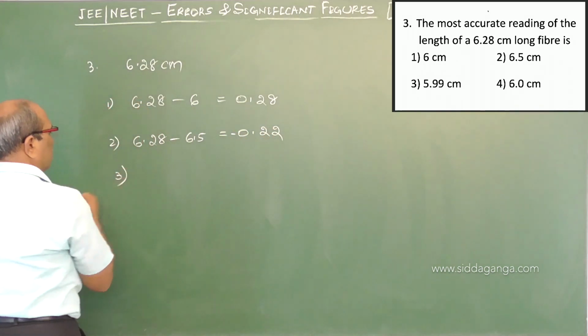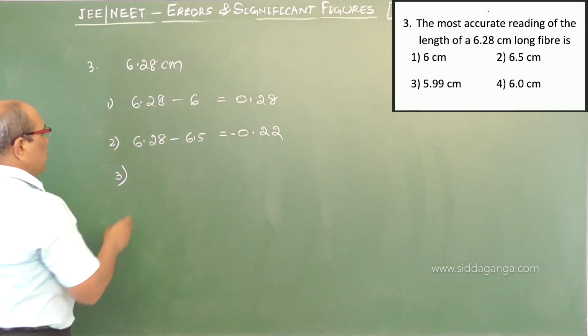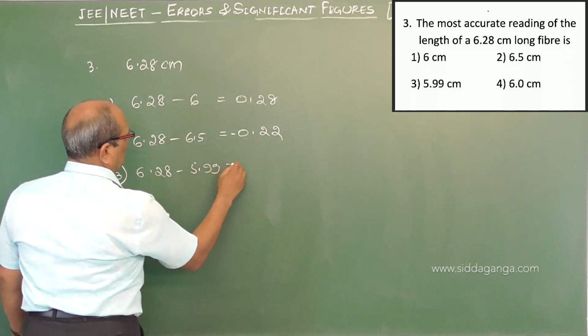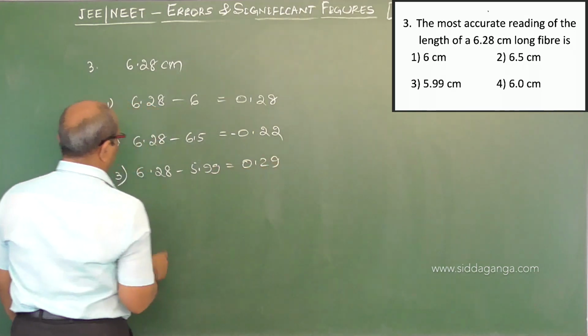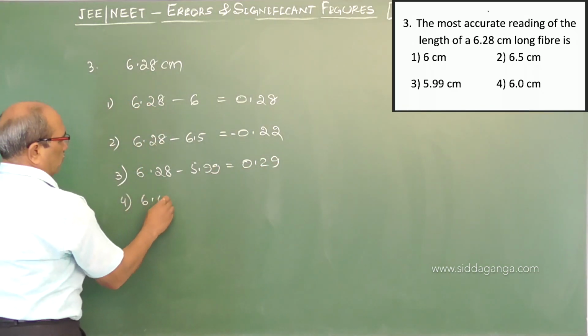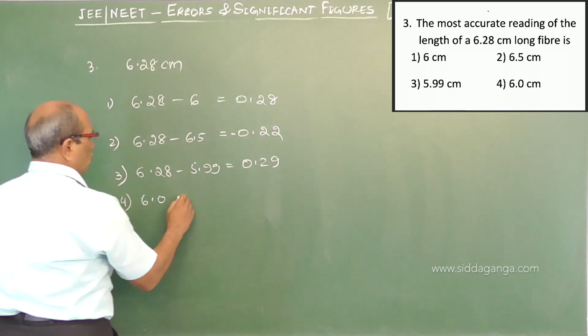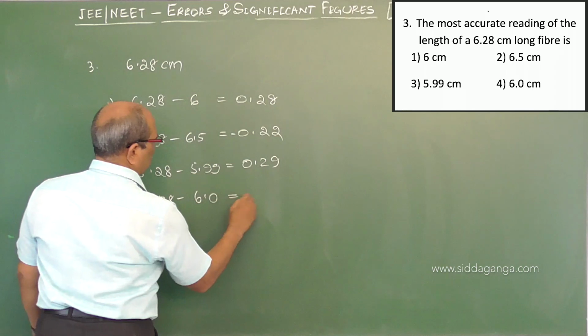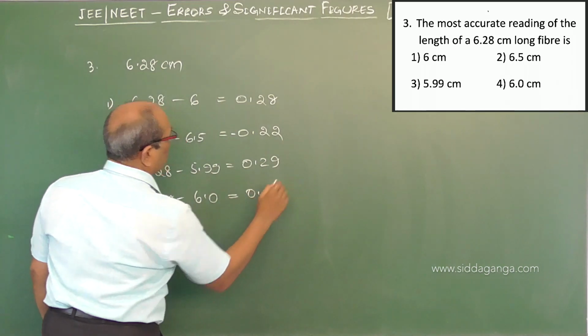Third, 5.99: that indicates 0.29. Fourth one, 6.0: 6.28 minus 6.0 is 0.28.